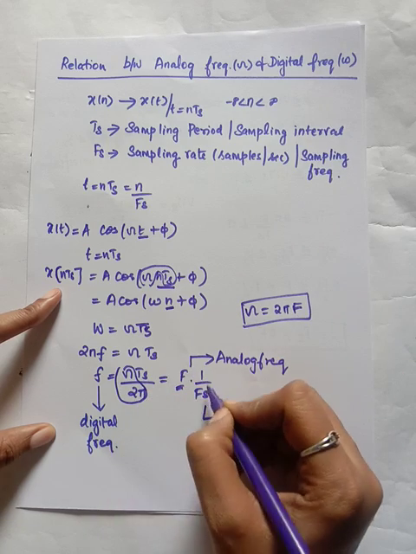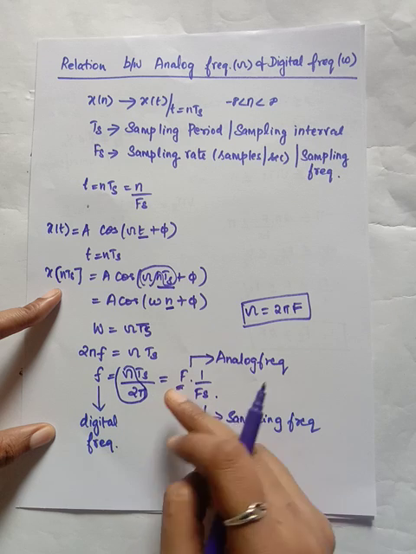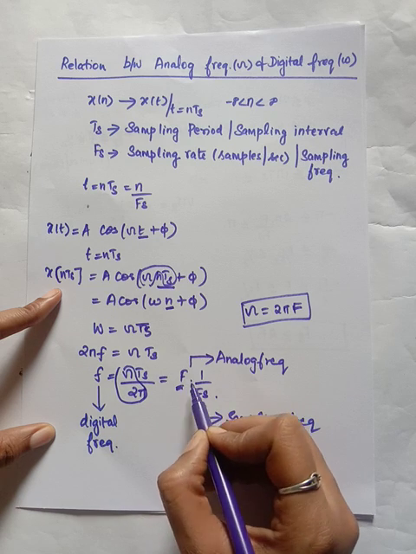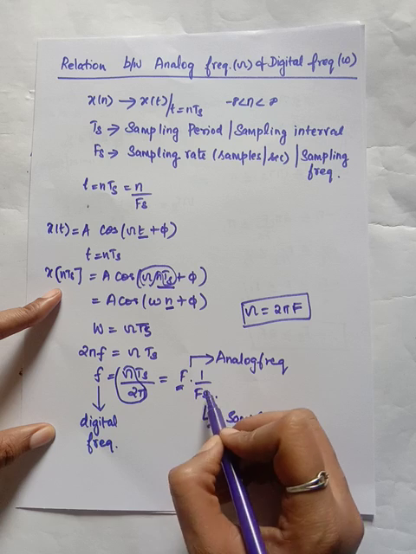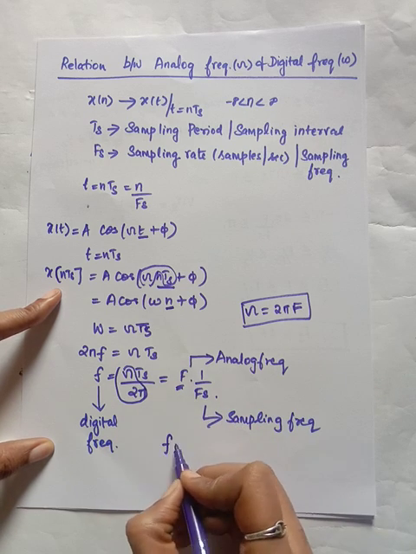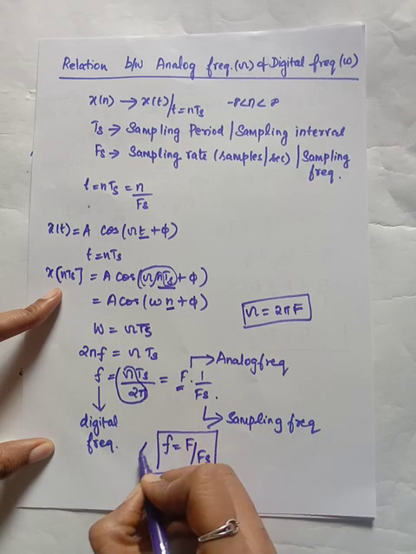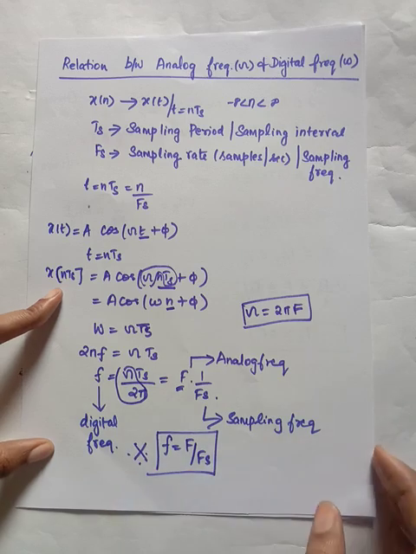Then Ts is equal to 1 by Fs. So digital frequency is obtained by sampling the analog frequency, that is, dividing the analog frequency by the sampling frequency. This is the relation between the analog and the digital frequency. It is very important. We will use this in problems.